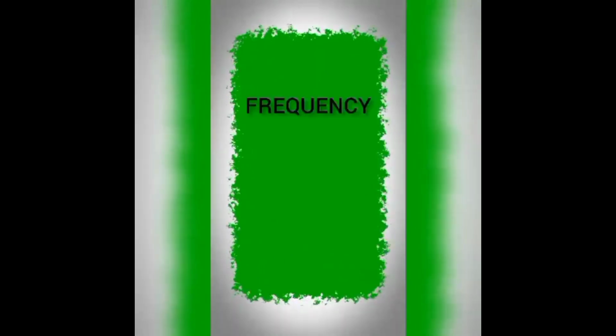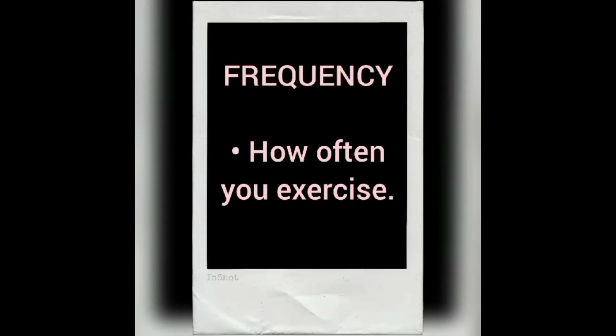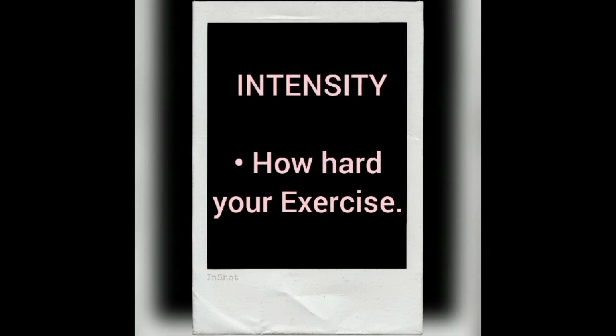FITT stands for frequency, intensity, time, and type. Frequency is how often you exercise. Usually, we measure this by the number of days each week. Intensity is how hard you exercise. We might categorize this as low, moderate, or high intensity.